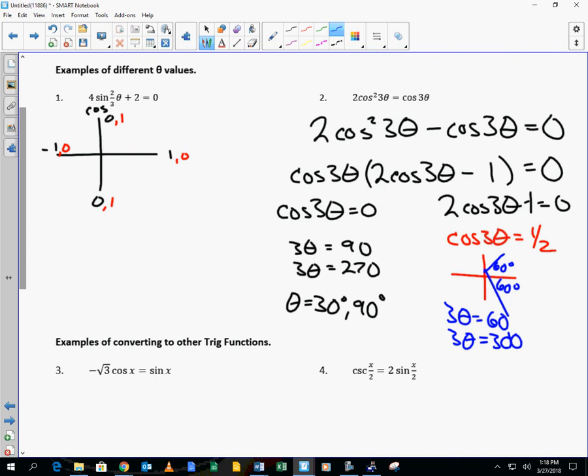Divide by 3, and you get 20 degrees and 100 degrees. You can just type it in. So if you do cosine inverse of 1/2, you'll get that 60 degrees. Good?